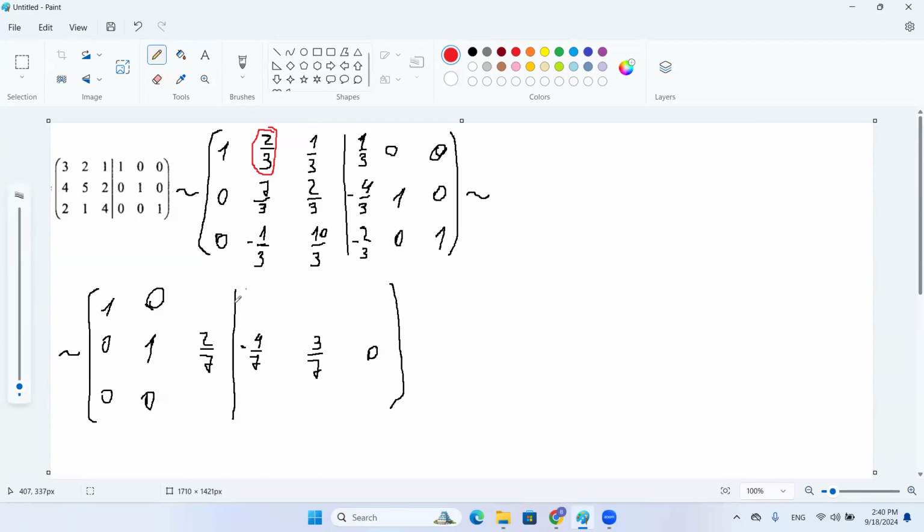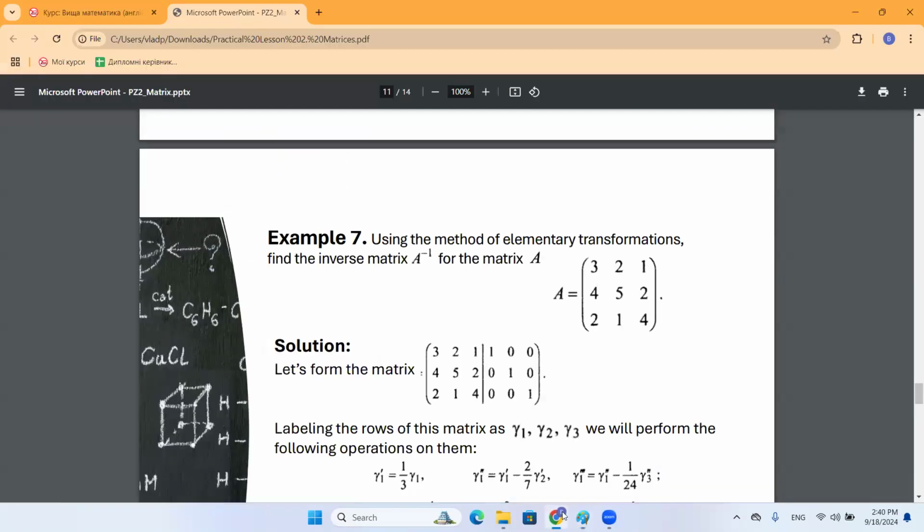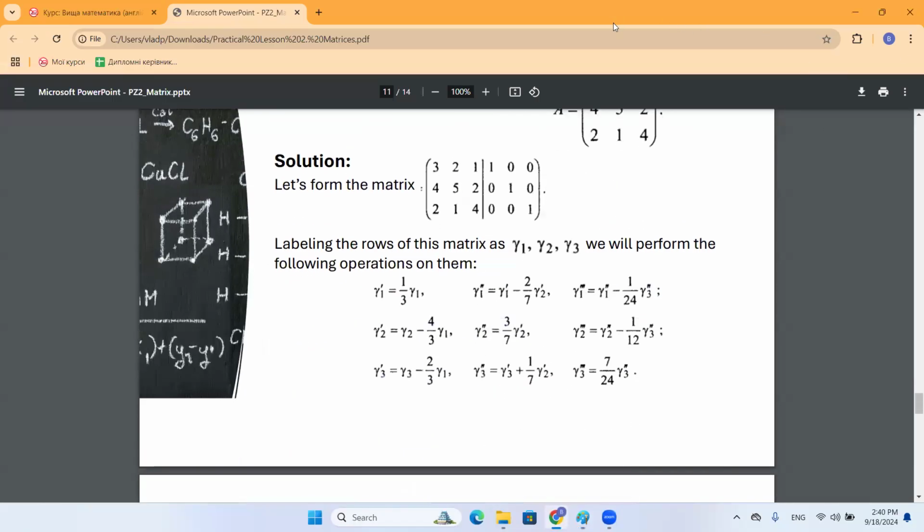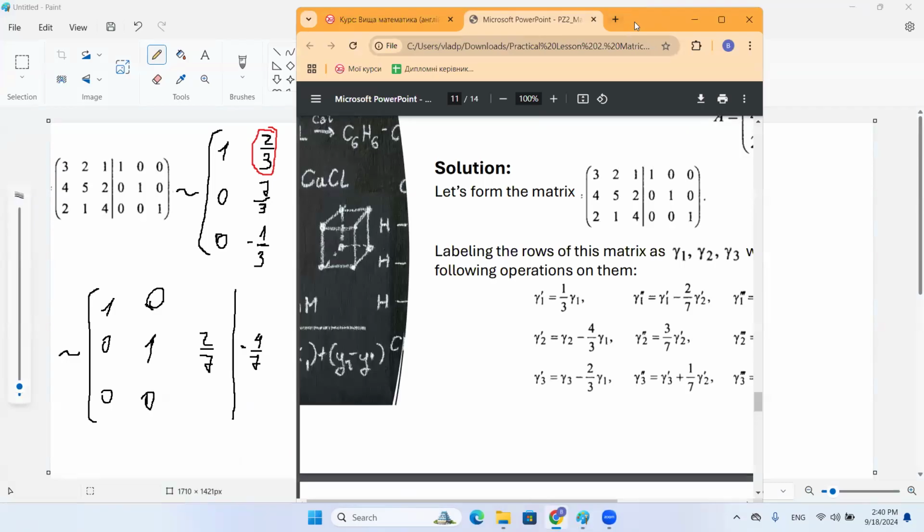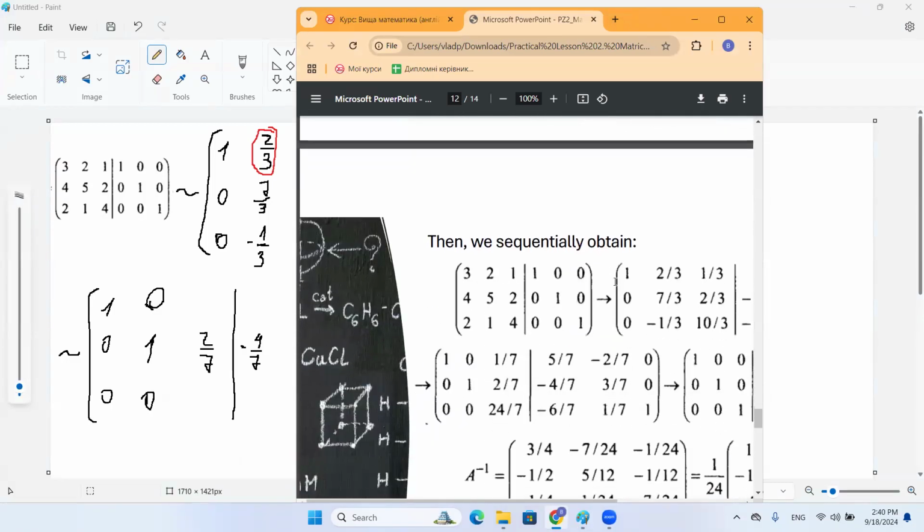So here is 0, and here we have 1 third minus -4 over... Okay, we have no time to calculate everything, so let's just look at the example, because we have not a lot of time.